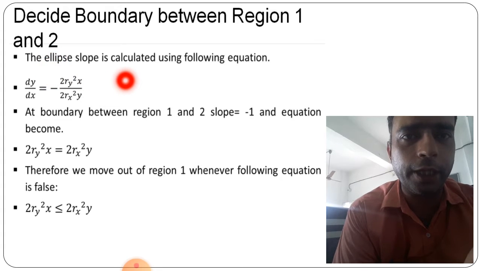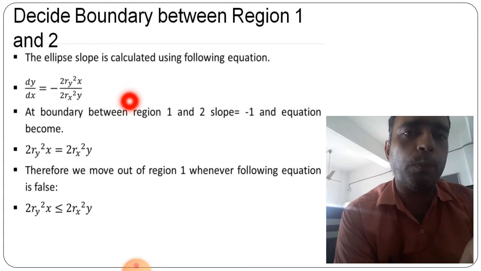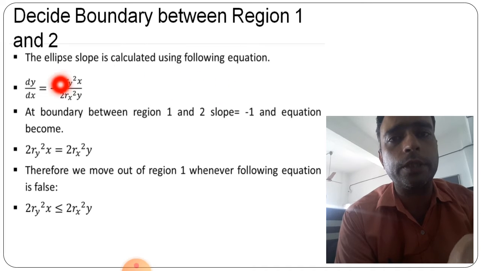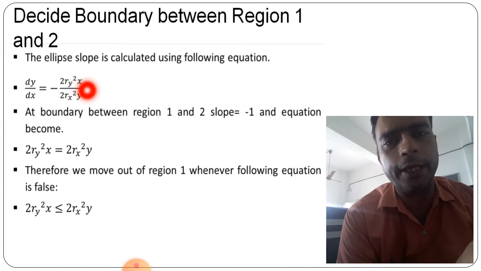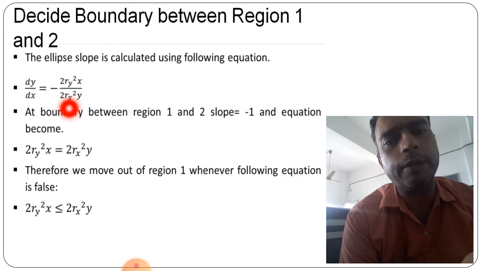So for that we are calculating the slope part, using the equation dy upon dx is equal to -2 ry square into x divided by 2 into rx square into y.